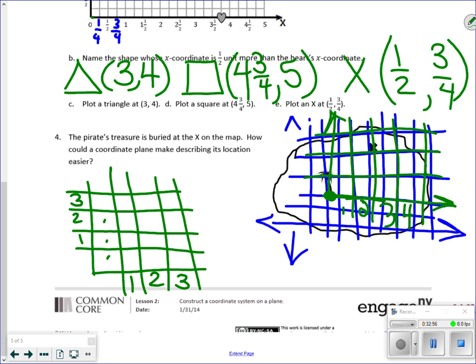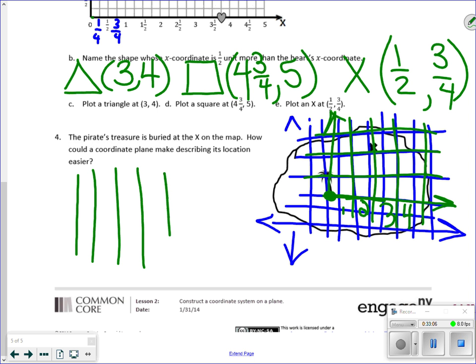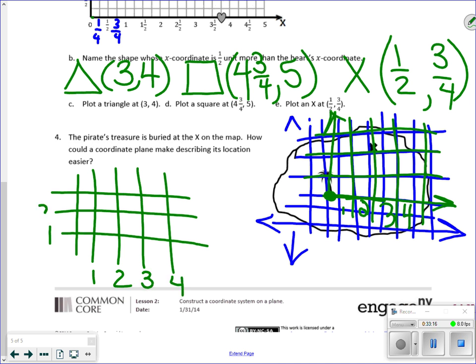when you are numbering your coordinate planes, because I do see this as a problem. This happens every year. When you are numbering, you are supposed to number the lines.